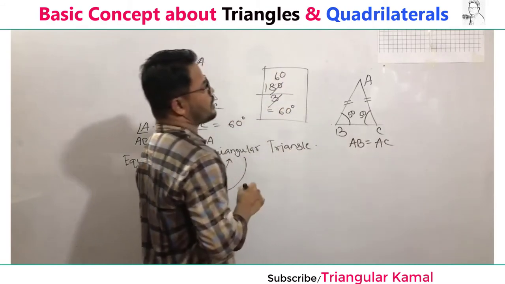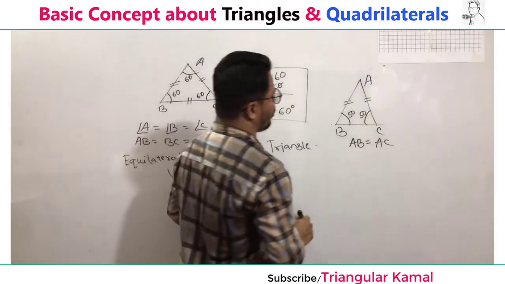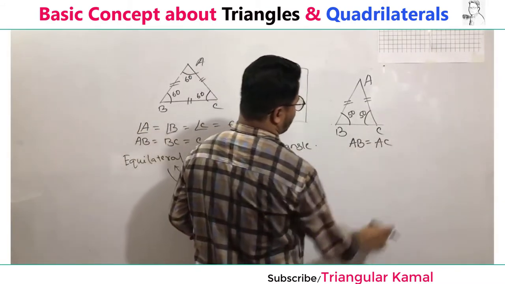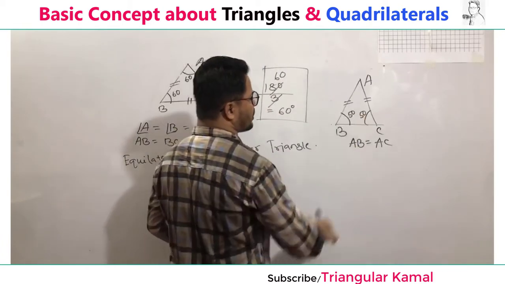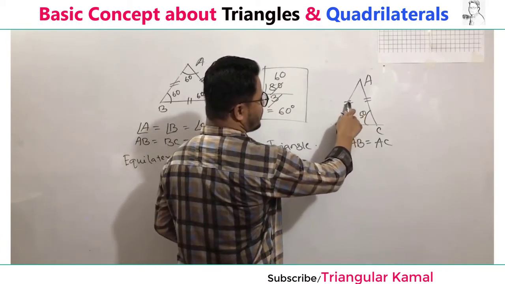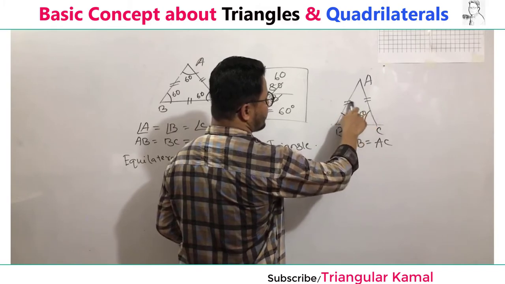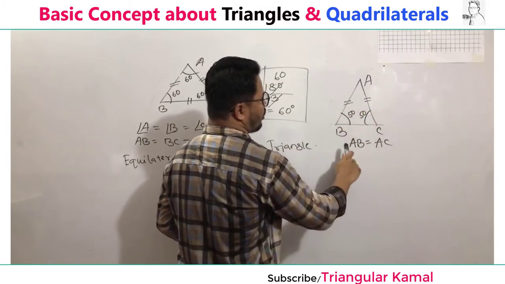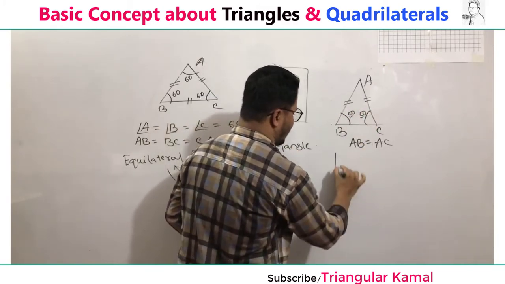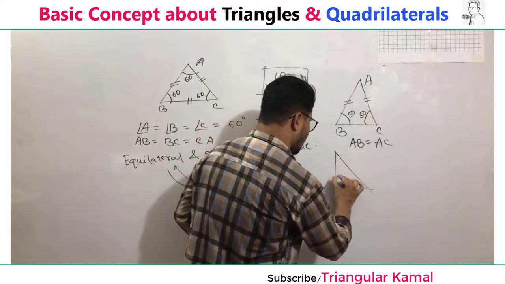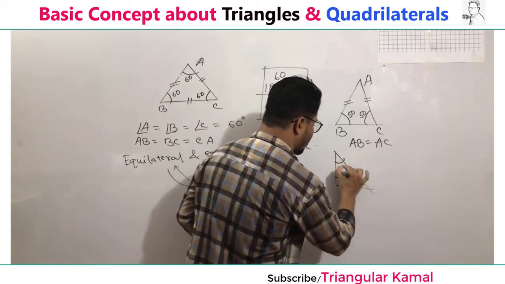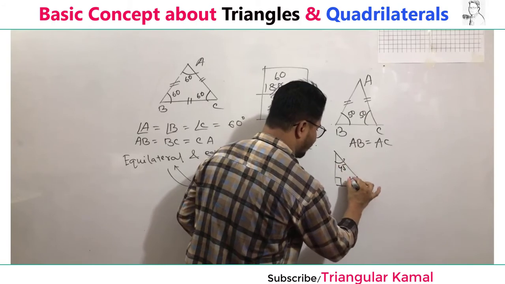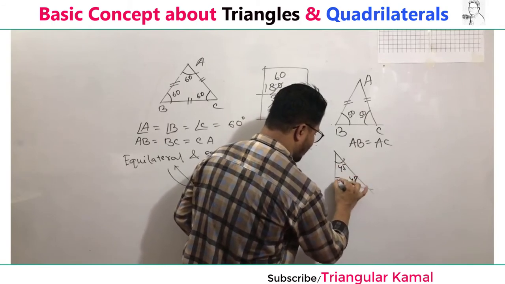Two sides are equal and their opposite angles are also equal. By using this concept, this triangle has two sides equal, and this one is a right angle and isosceles triangle. So this one must be 45, 45 and 90.